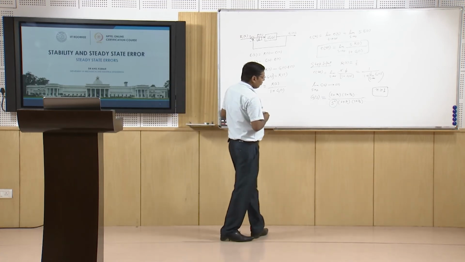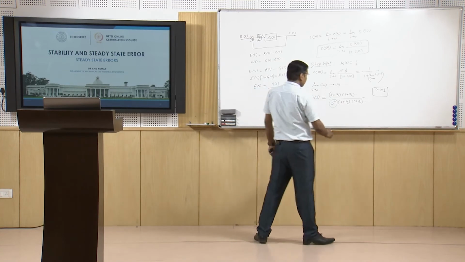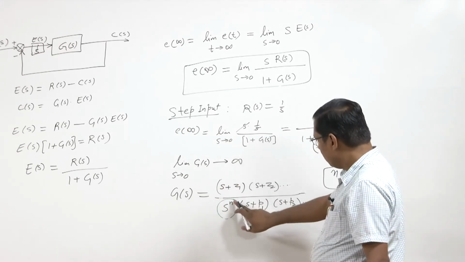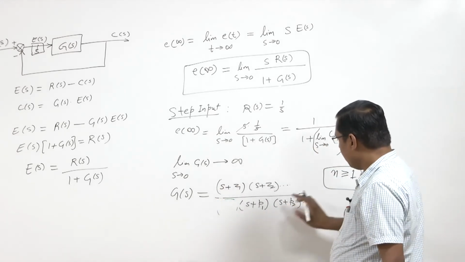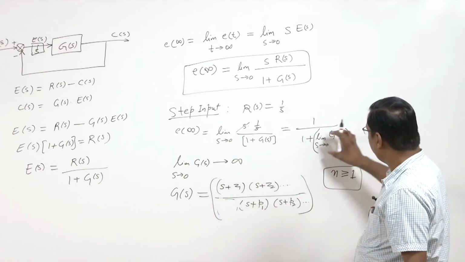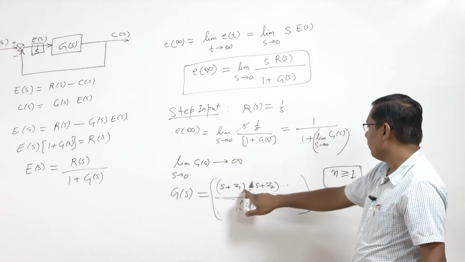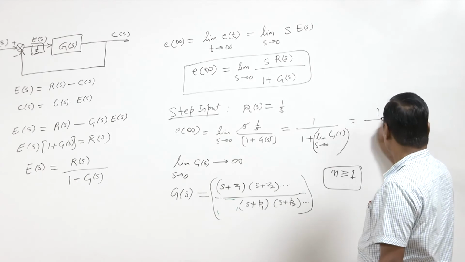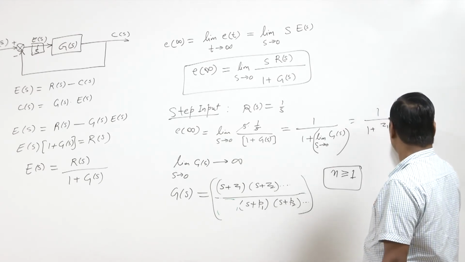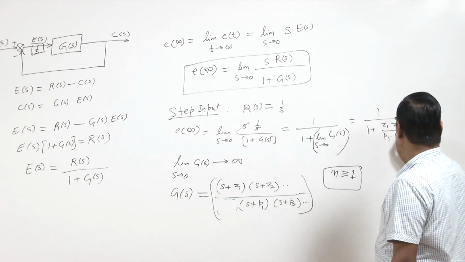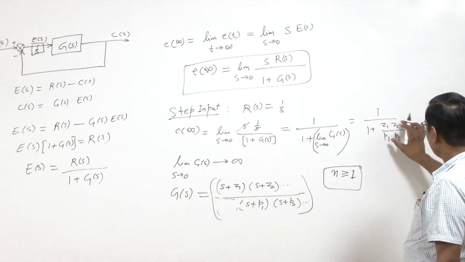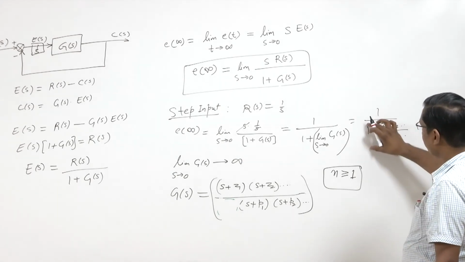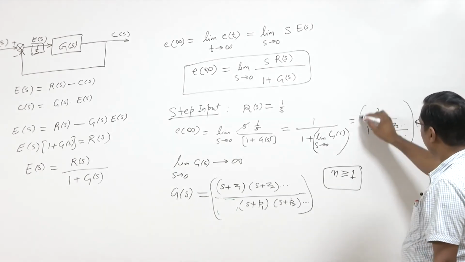Now suppose n equals 0. Then we will get no s term, and so G(s) will be z1 z2 z3 over p1 p2 p3, and these terms will be 1 by 1 plus z1 z2 z3 over p1 p2 p3. This is a finite term, so 1 plus finite is finite, and the complete term is finite.